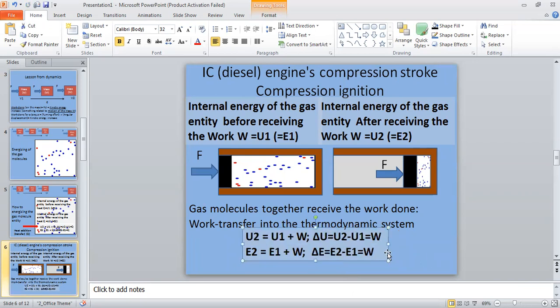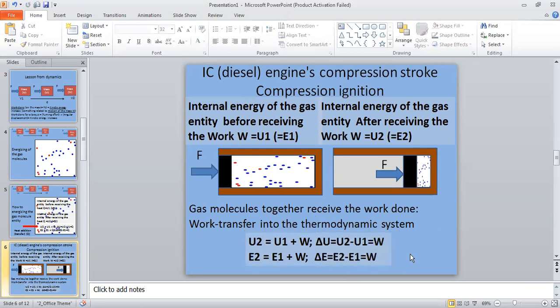So when you add work here, one side is moving and the system boundary is changing. So this is a moving system boundary. Even you can add work with a non-moving system boundary. Later we will look into that.